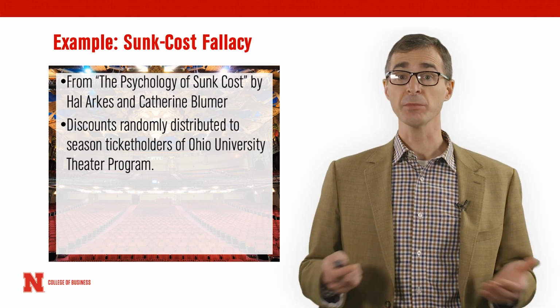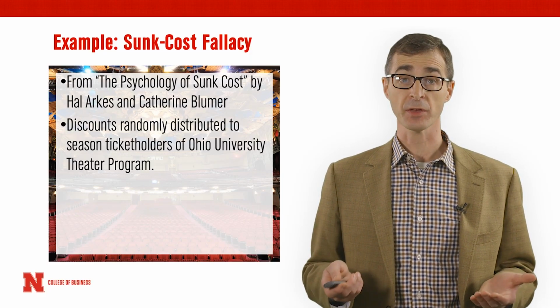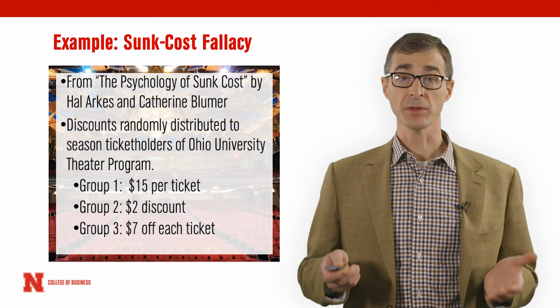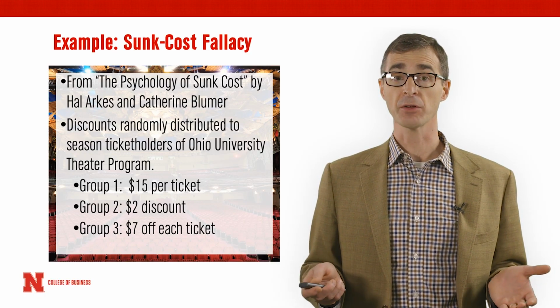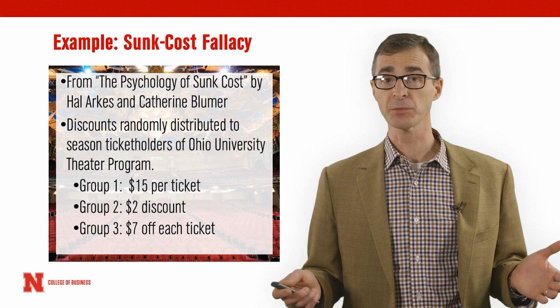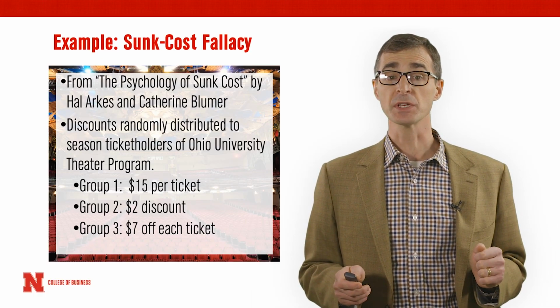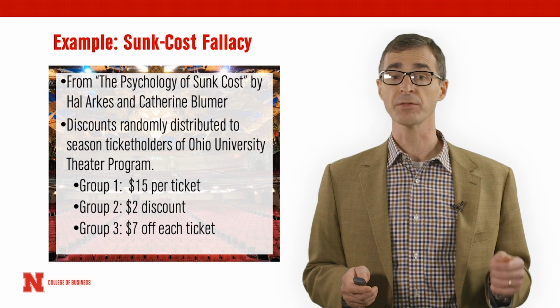Discounts were then randomly applied and mailed to various customers who'd applied for season tickets. In one group, they received essentially no discount and were required to pay the face value of $15 per ticket. That's what they'd agreed to pay in the first place, so no real surprise there. Group 2 received a $2 discount, and Group 3 received $7 off each ticket.